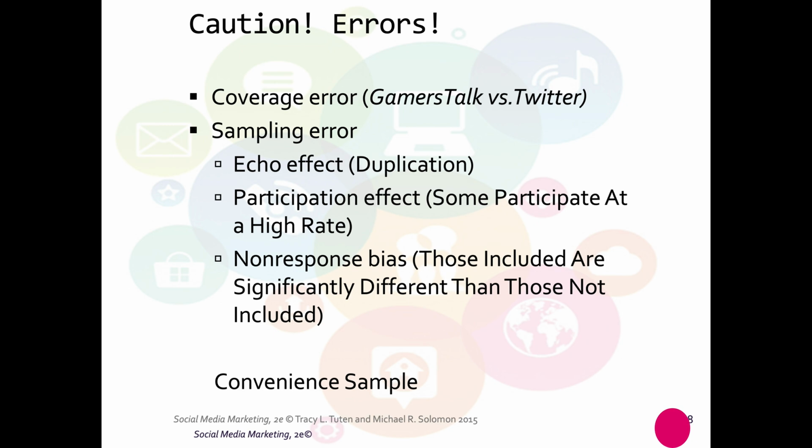And electronic word of mouth is spread pretty widely. So an echo effect would be a duplication of a post. Say somebody put some foolishness up on Facebook about some conspiracy theory involving a guy coming to your door and trying to give you a shot for the COVID-19 vaccination that doesn't have microchips in it or something crazy.